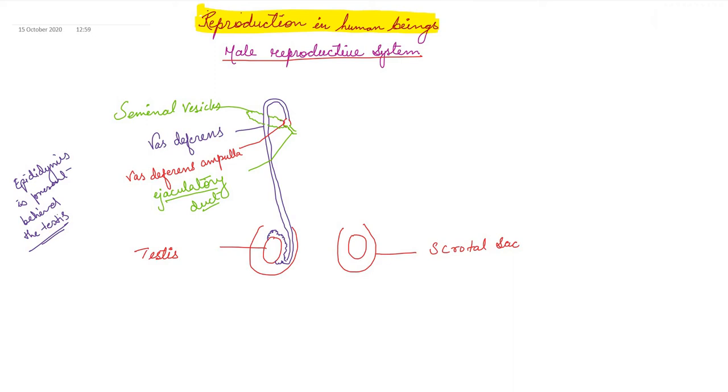As we know, the epididymis is attached to a tube-like structure which goes up into the abdominal cavity, and when it reaches the pubic area, the pubic area has a muscular structure which is known as the urinary bladder.